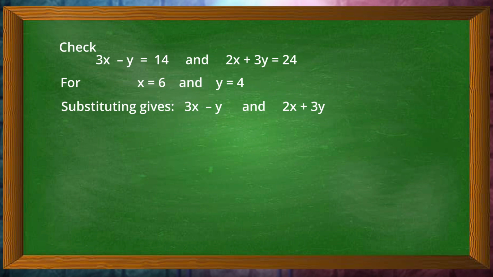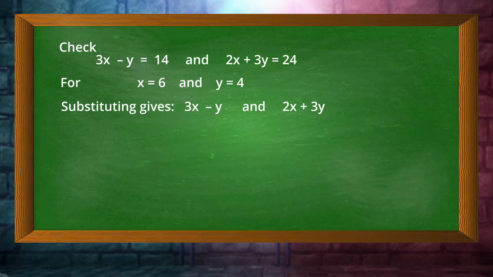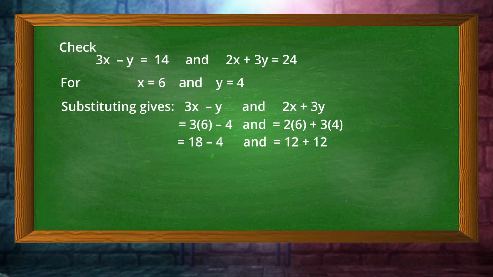Substituting gives us 3(6) - 4 and 2(6) + 3(4), which is equal to 18 - 4 and also 12 + 12, which is 14, correct, and 24, correct. Try the check for yourself to see if these values are correct.